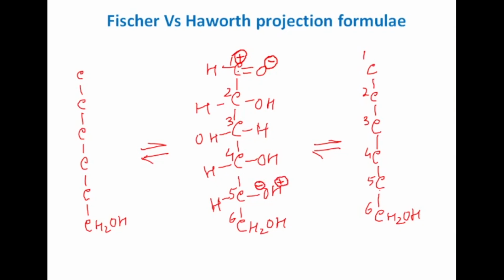So if there is an interaction between this first carbon with the fifth carbon position, then this oxygen will bind with this, and there will be interaction between this oxygen with this hydrogen. So you can redraw the structure like this.